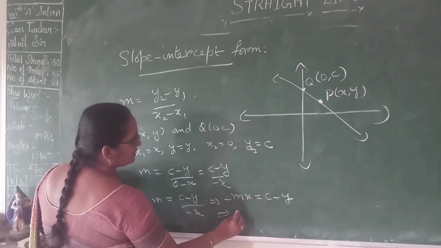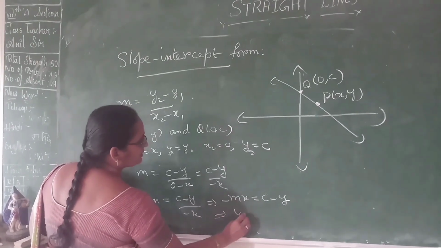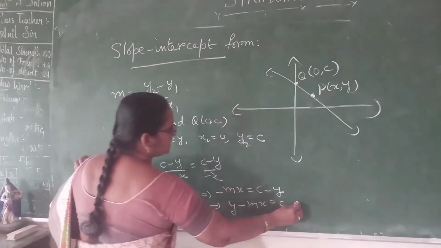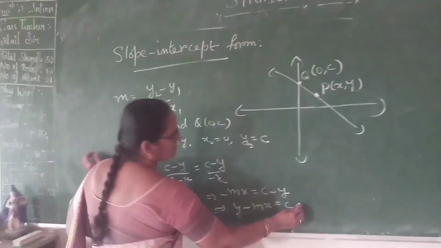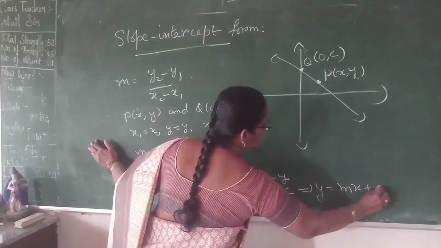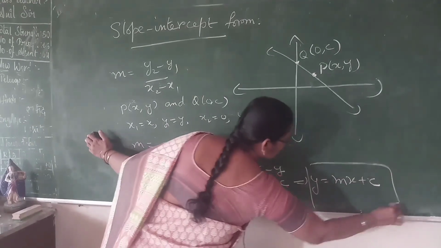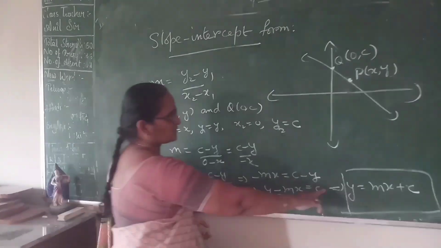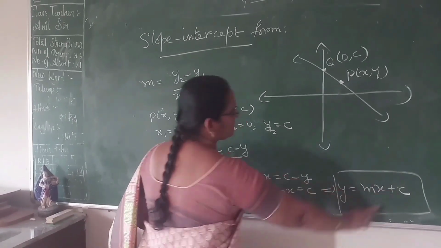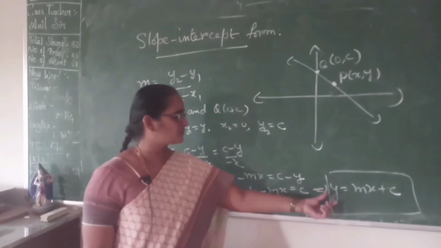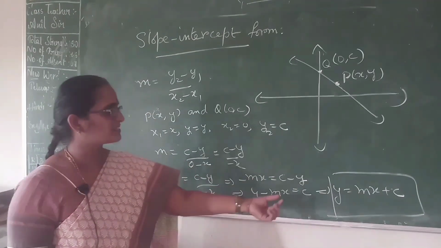So, y minus mx is equal to c, which implies y is equal to mx plus c. So, this is the slope intercept form of a straight line. Remember this, no need of these proofs, you just remember this form, y is equal to mx plus c.